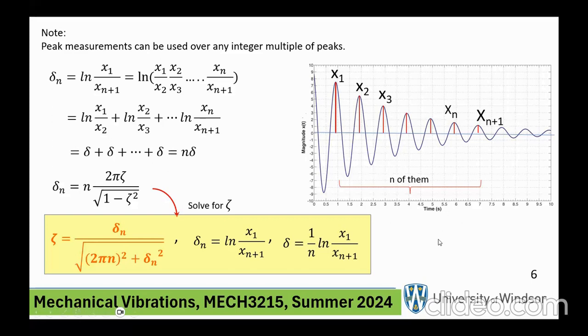By definition, this is what delta n is. And if you look at this equality, delta is going to be 1 over n of that. The point is that if you use n pieces of data on the screen, this is what you can use. But you can use any 2 consecutive ones, where n is 1, and this is what we call delta. It's the same animal.